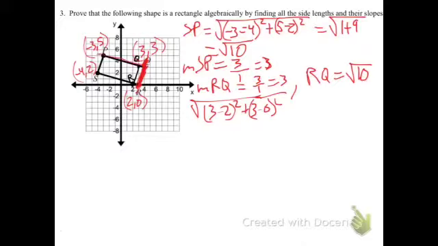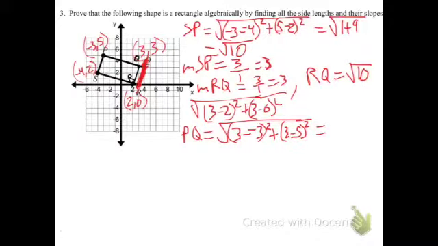If you now look at PQ, Q is the rightmost one, and so when we're filling out our form here, Q is going to serve as our x2, y2, so we're going to get 3 minus -3 squared plus 3 minus 5, square that guy. 3 minus -3 is 6, square that, you're looking at 36. 3 minus 5 is 2, square that, you got 4. And so PQ is the square root of 40.